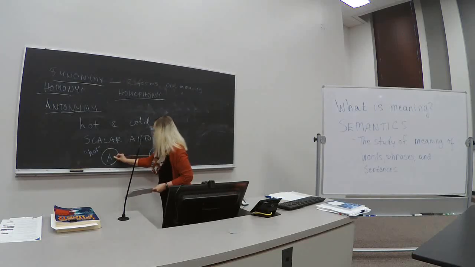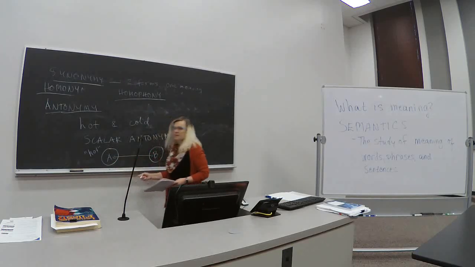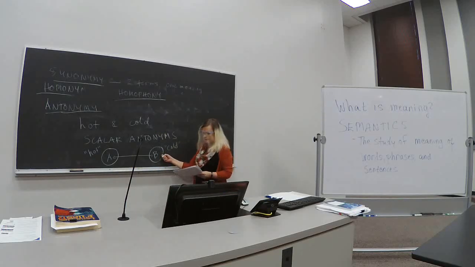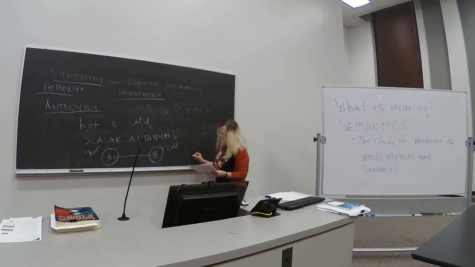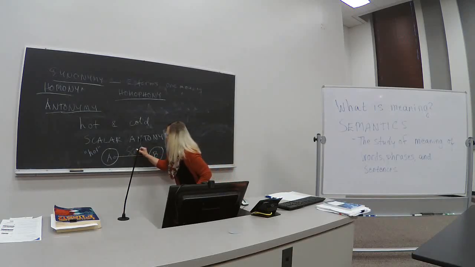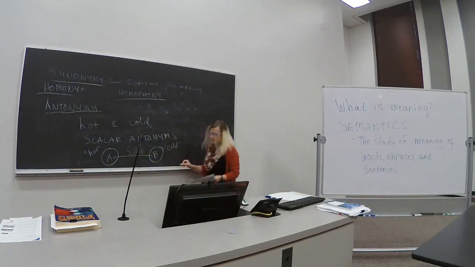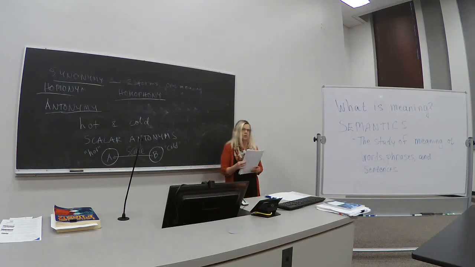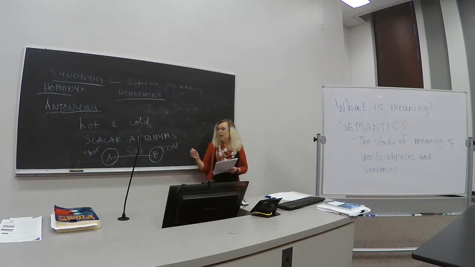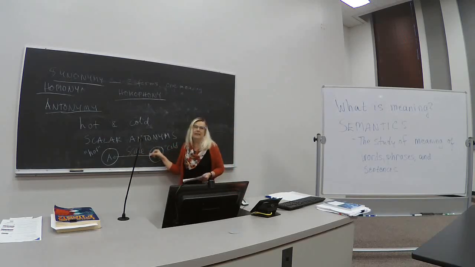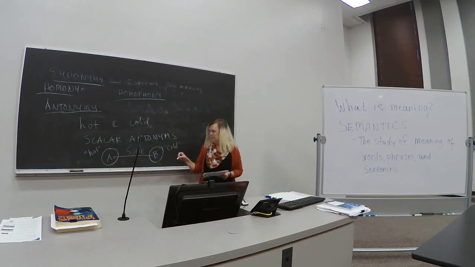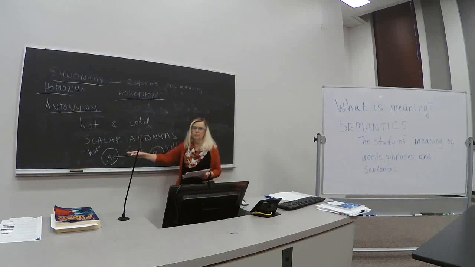And this is a kind of antonymy which is called scalar antonymy. There is a scale between things in the hot category and the cold category. And of course, language tries to deal with scalar antonyms by adding words into the in-between category. So we have all kinds of different adjectives that refer to things that are between hot and cold.